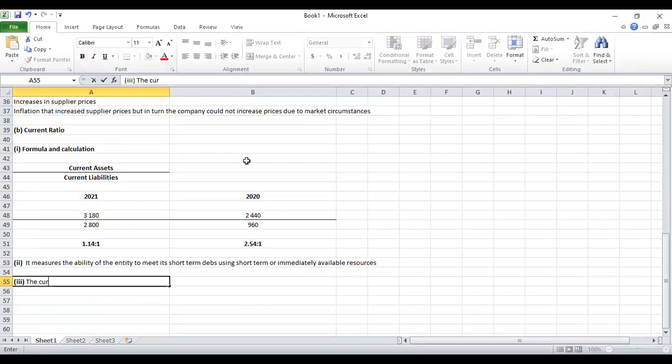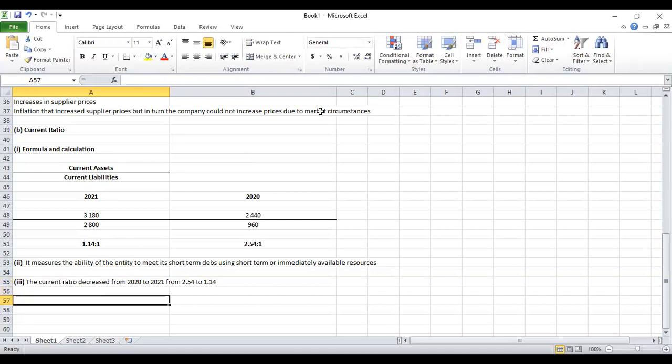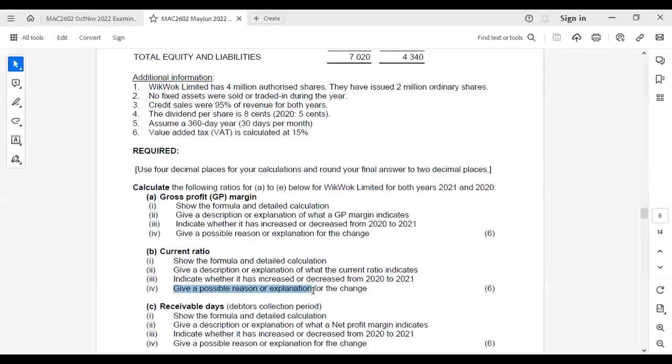The current ratio decreased from 2020 to 2021, from 2.54 to 1.14. Right. Then they also want you to give a possible reason.